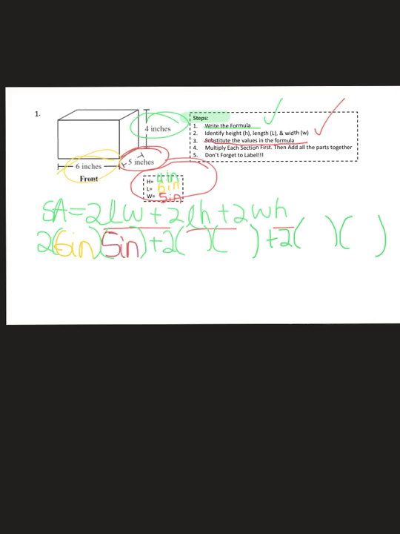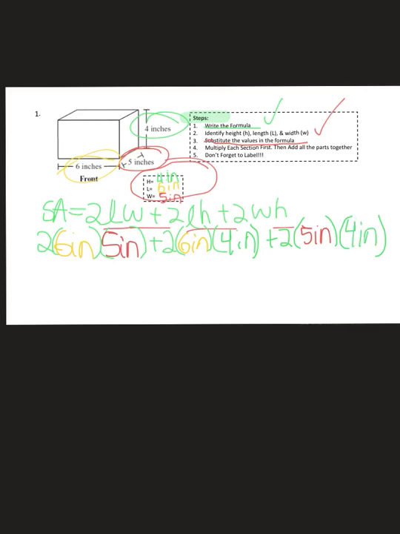The next one is length times height. My length again is 6 inches, so I'm going to put 6 inches there. And my height is 4 inches. So the second part is done. The third part is 2 times the width, and we said the width is 5 inches, so I'm going to put 5 inches right here, and times the height, which is 4 inches.